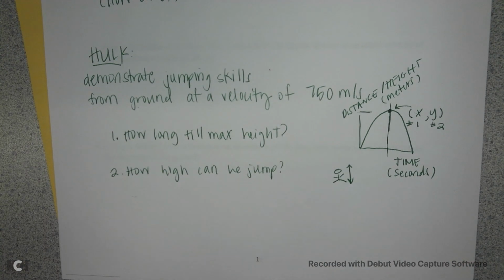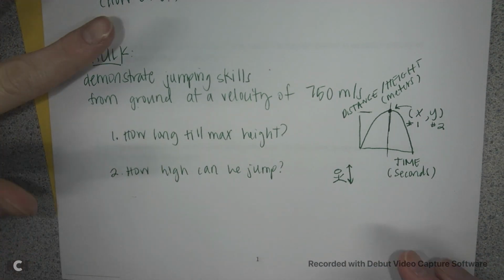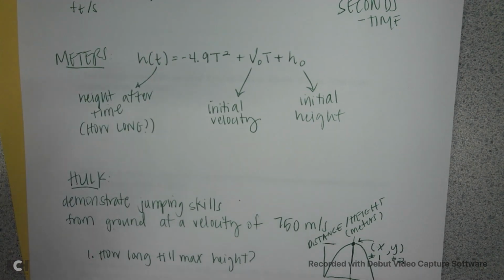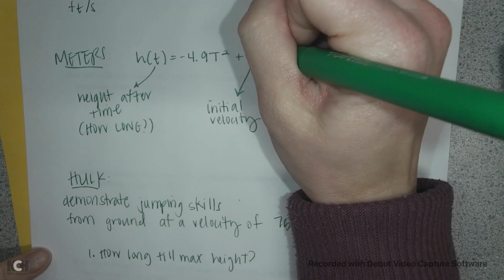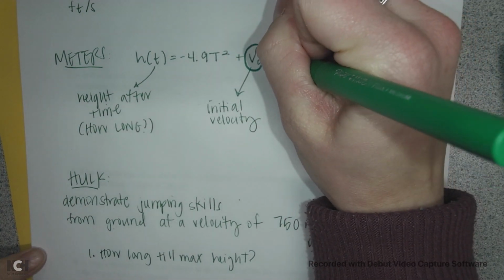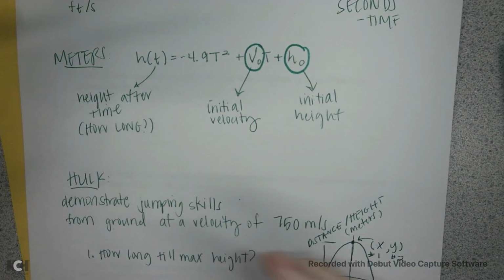Okay, so now we're going to put it all together into our formula. The formula we're going to use is the meter formula, so that's this guy. All we're going to do is take out the initial velocity and the initial height and replace them with what we have.